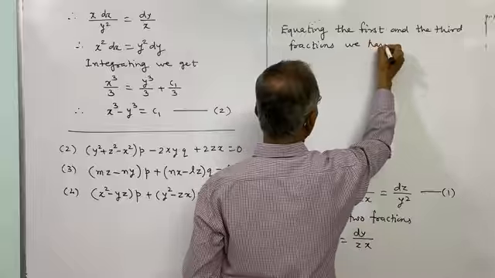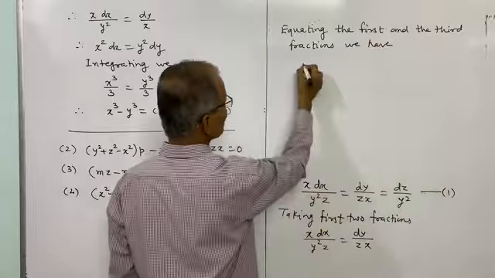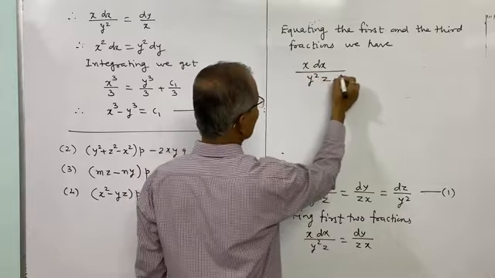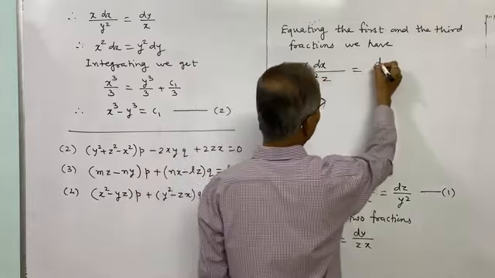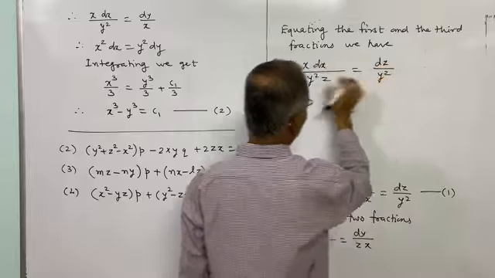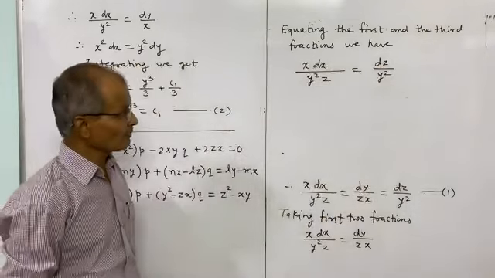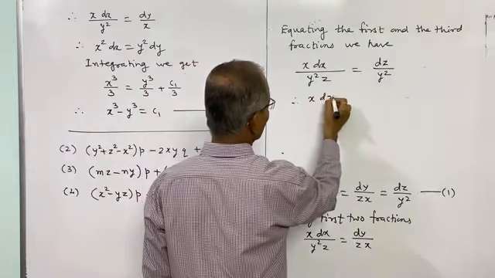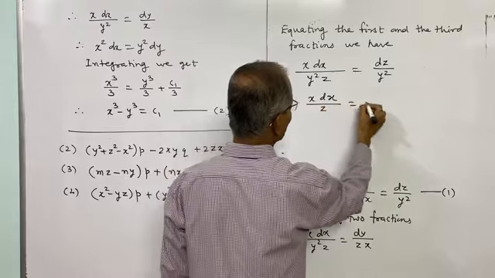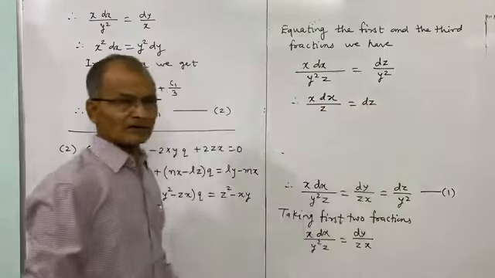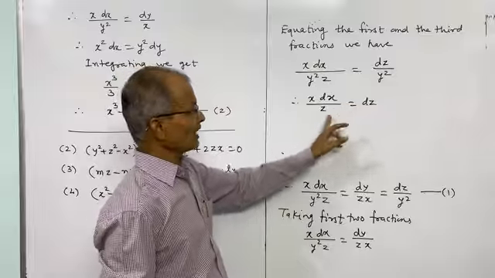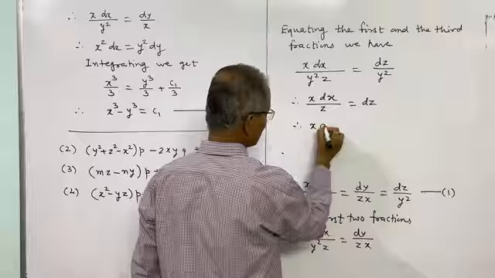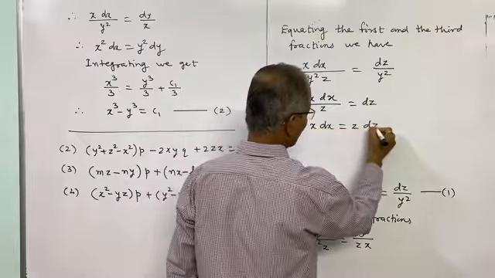We have, see, x into dx divided by y square into z is equal to dz by y square. Y square is cancelled from both sides, eliminated from the denominator, and that gives x into dx divided by z is equal to dz. And as earlier, to separate the variables we can cross multiply, that is, multiply both sides by z, and that gives x dx is equal to z into dz.